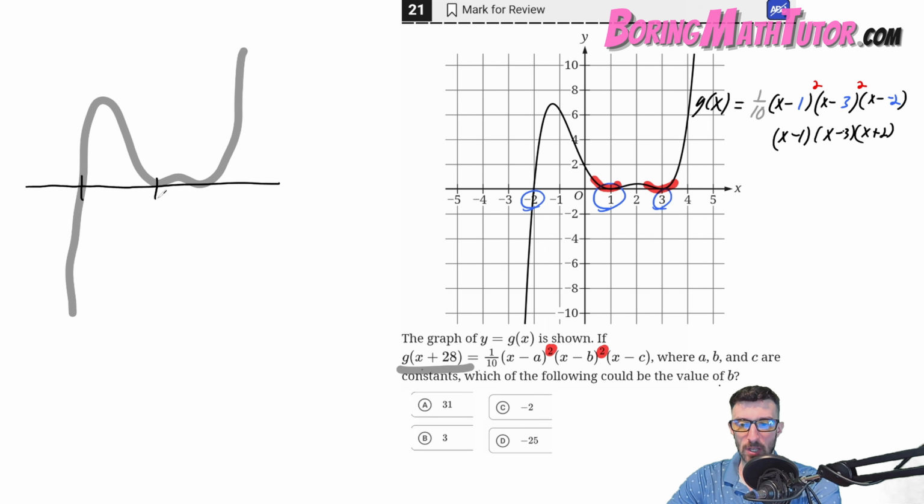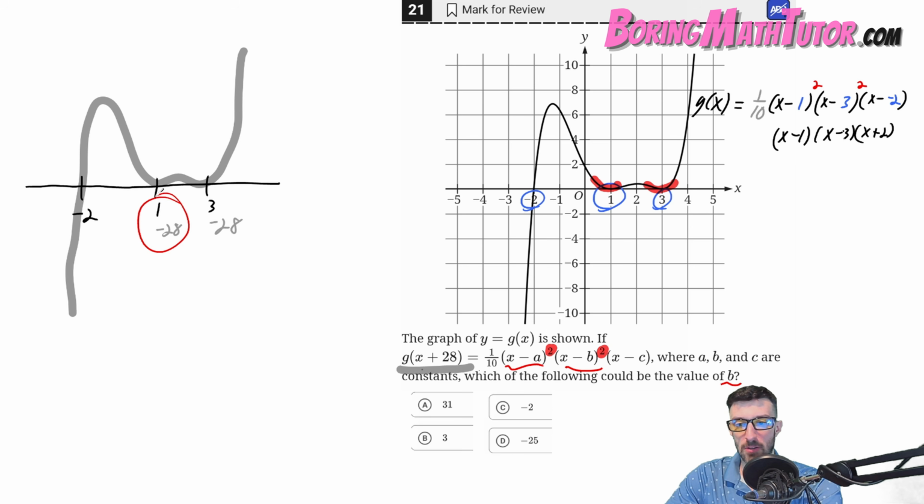So where would it touch the x-axis? Well, instead of it being at 1 and at 3, it's now going to be at whatever you get when you subtract 28 from those two values. And of course, we could do it for the -2 as well, but we don't need to because the only possibilities for what b could be is one of the ones that's underneath the square.